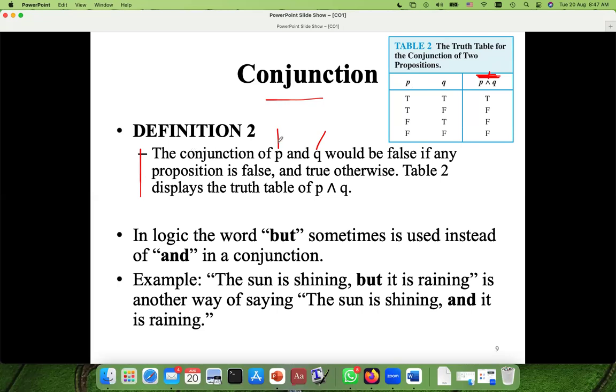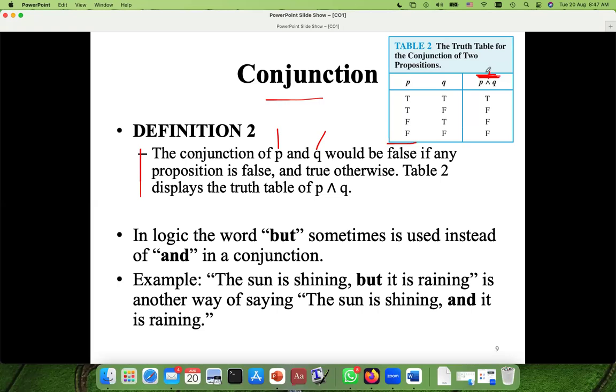So the conjunction of P and Q, these values would be false if the condition is given. When will it become false?